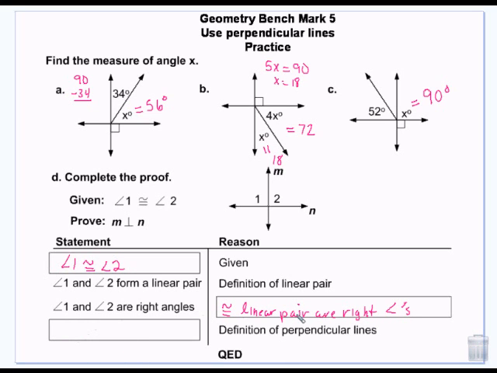And if they are right angles, that means that line M is perpendicular to line N, because that's the definition of perpendicular, that it's right angles. Okay. Any questions on that particular one? Yeah, perpendicular, right angle, 90 degrees, they're all the same thing.